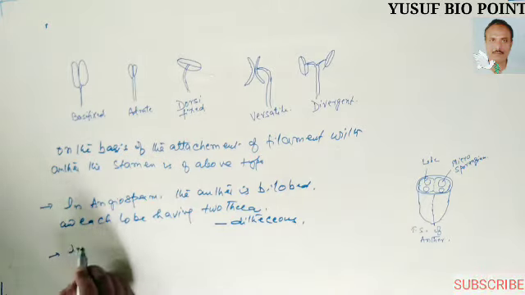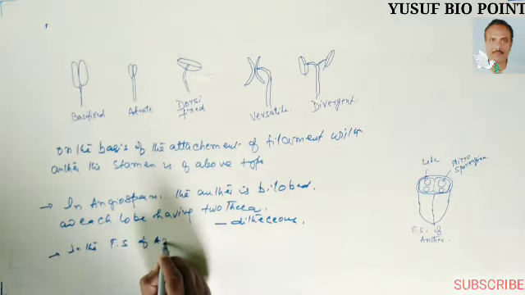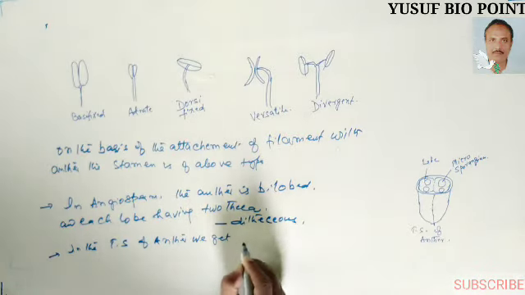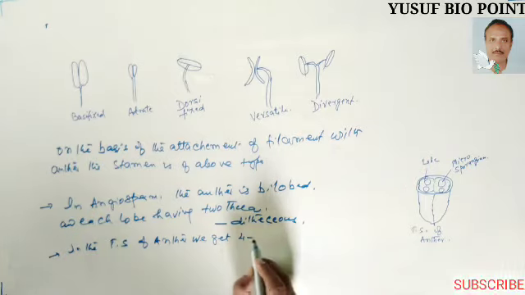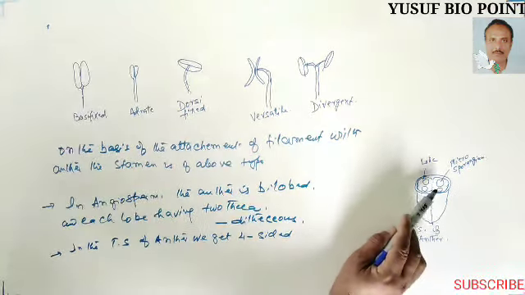In the TS of anther, we get a four-sided structure, 1, 2, 3, 4.